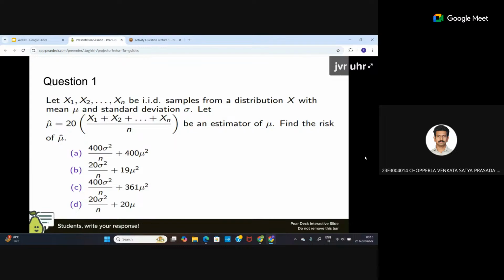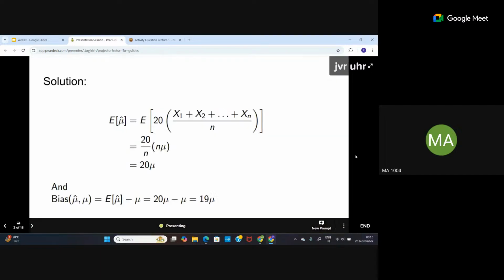The risk will be the bias square plus variance. So this is your solution.